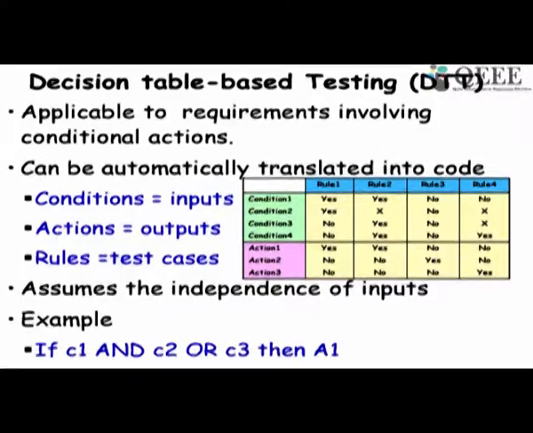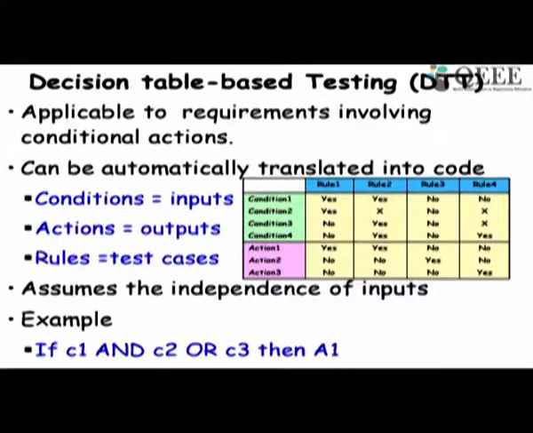For example, a simple example can be that we have a decision: C1 and C2 or C3 then A1. So if C1 and C2 are true, then C3 is don't care. If C1 and C2 are false, then C3 has to be true. Those are the two rules under which A1 will take place.